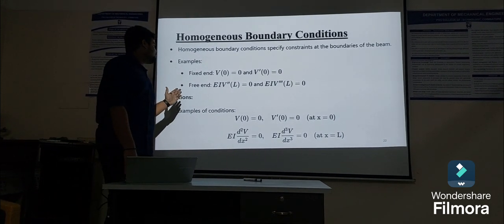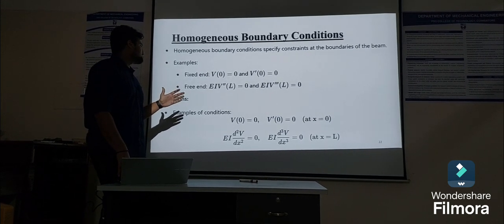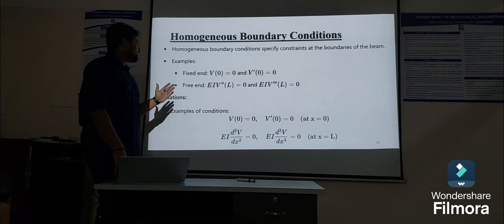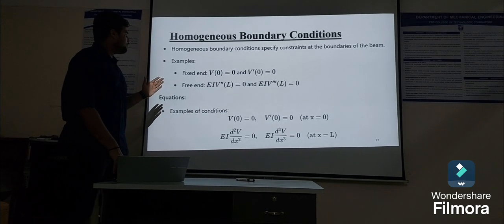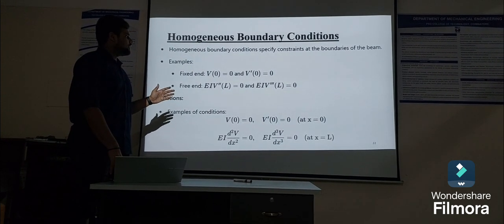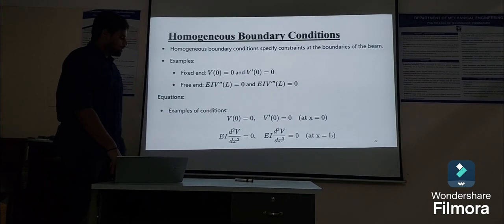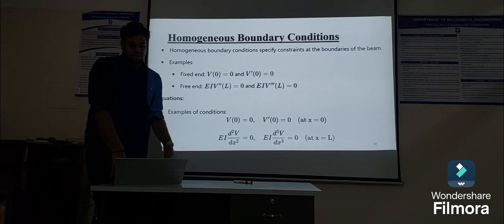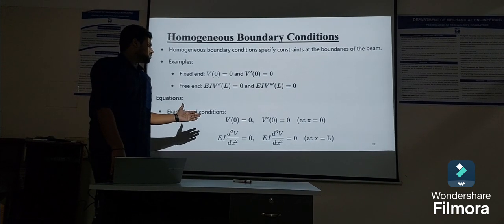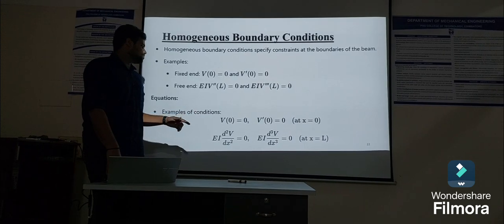For example, fixed end: v of 0 is equal to 0 and v dash of 0 is equal to 0. Free end: EI v double dash of L is equal to 0 and EI v triple dash of L is equal to 0. Example of conditions: v of 0 is equal to 0, v dash of 0 is equal to 0 at x is equal to 0.